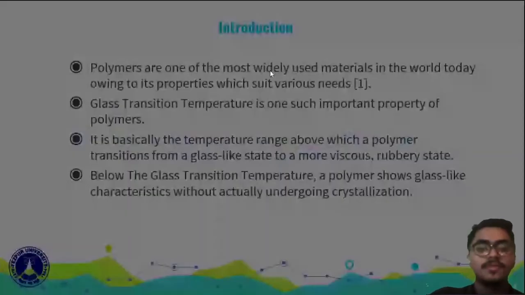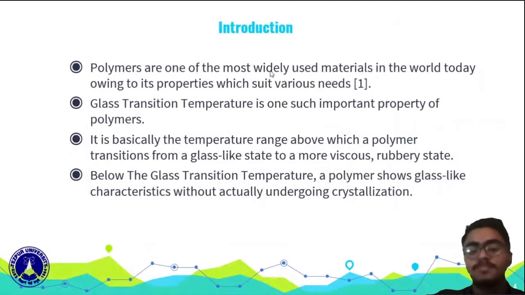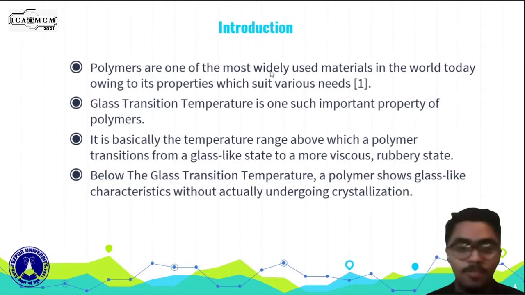The first part, introduction. Polymers are one of the most widely used materials in the world today, as we know, owing to the various properties which suit the diverse needs of the 21st century technological and social world. Now, of all these important properties, there is one very vital property, which is the glass transition temperature of polymers. So what is the glass transition temperature?